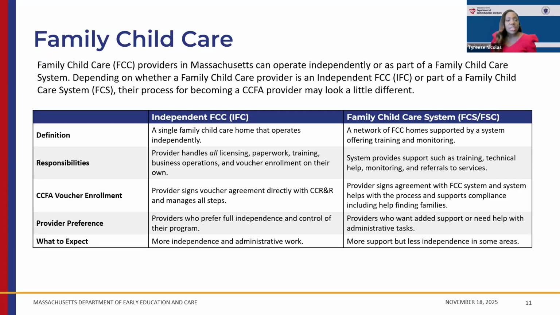I'm going to go quickly over some of the different responsibilities and what it looks like. If you're an independent family childcare provider, you're handling all of your administrative level paperwork, including enrollment for different children. You will be working directly with the Child Care Resource and Referral Agency to receive your referrals or interest from families.